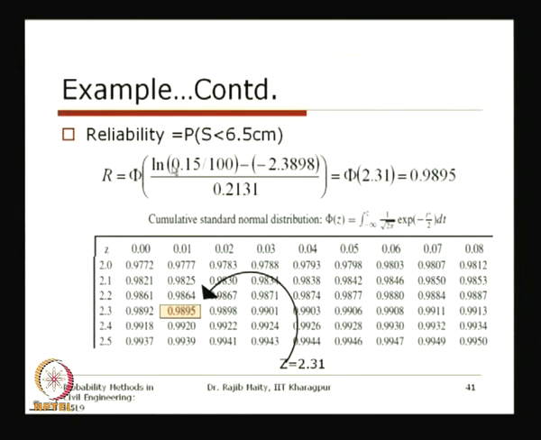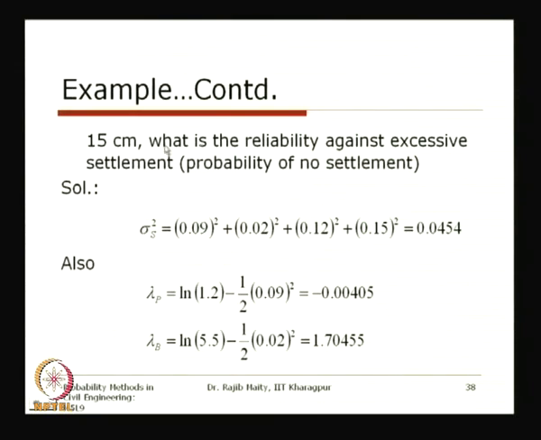We can find the reduced variate by taking the log of 0.15 meter. I think in the problem it was asked for 15 centimeter, right.